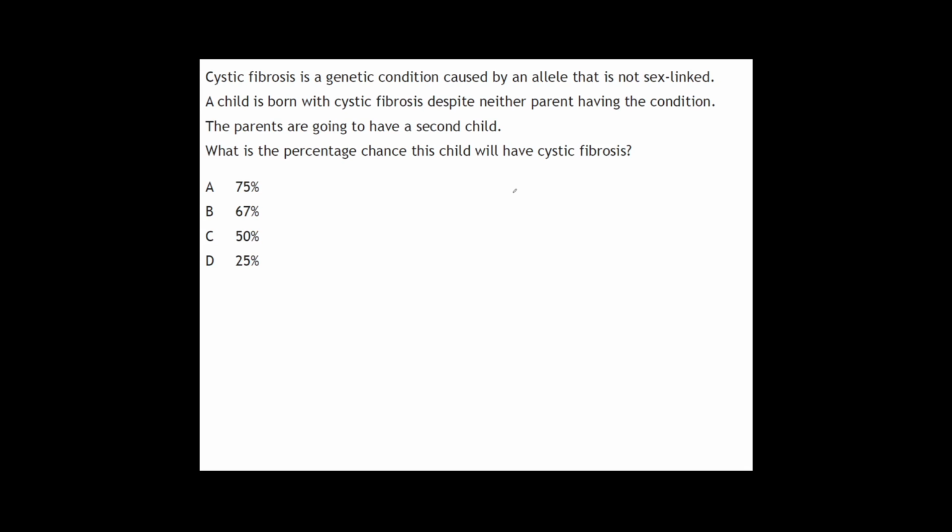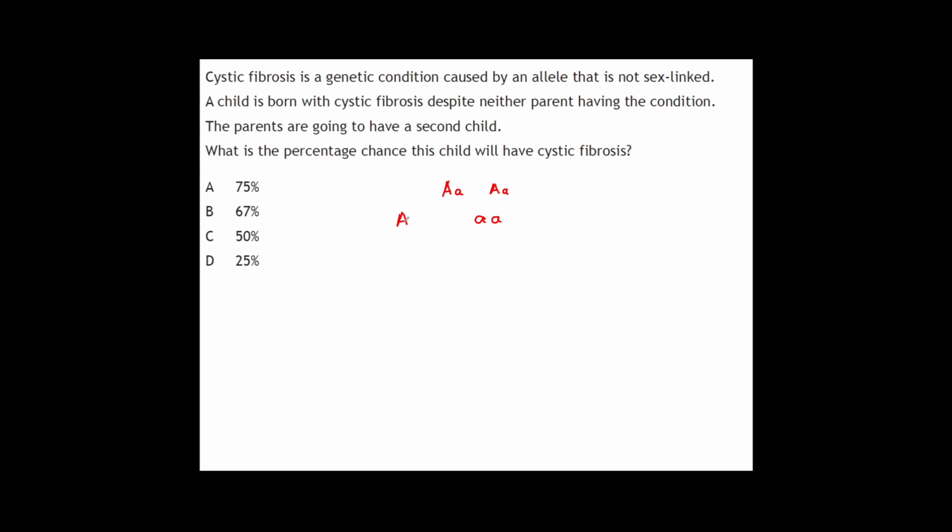A child is born and neither parent has the condition. Okay. So the child, let's call it aa, okay, has the condition. The parents, if they don't have the condition, must be heterozygotes. Okay, we know that.